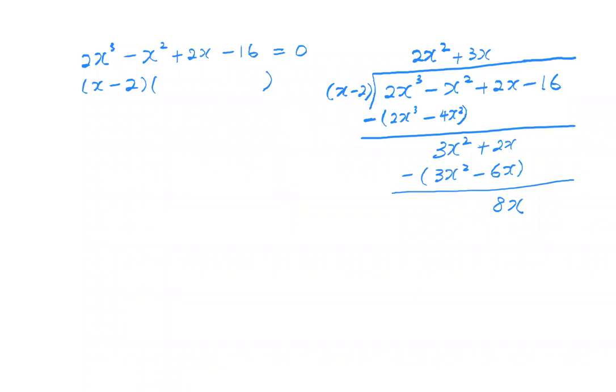I don't have to repeat this, you all should know. Now pull down the negative 16. Here I put plus 8, so you get this factor, 8x minus 16. If you can divide and at the end you get 0, then this is one of the factors. If not, it won't be a factor, it will be a remainder.